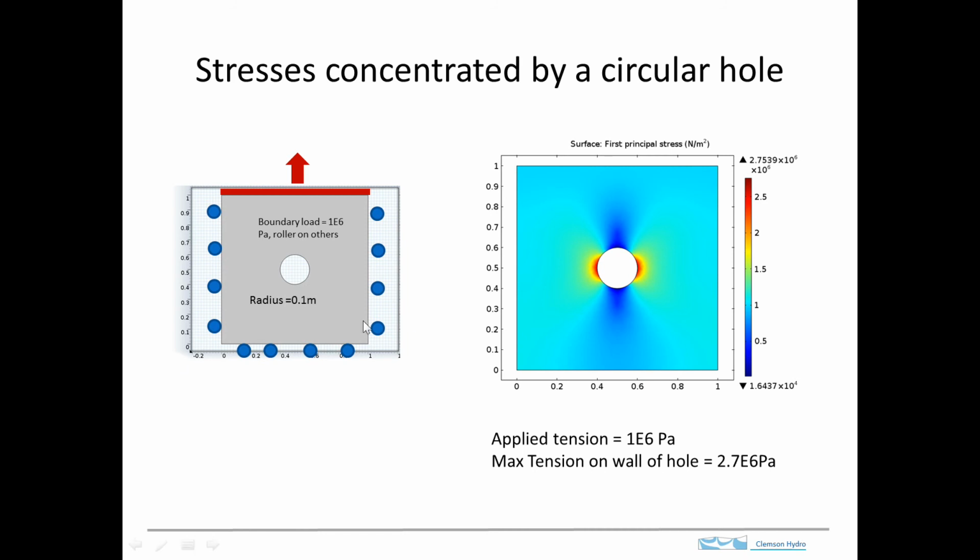And if we realize that we're pulling on it with 1e6, there's 2e6, and the max is 2.7 and change times 10 to the 6th. So what's happened is we have a concentration of stresses by about 2.7 times right in the wall of the hole. And if we look here, this is potentially 0, very small stress.